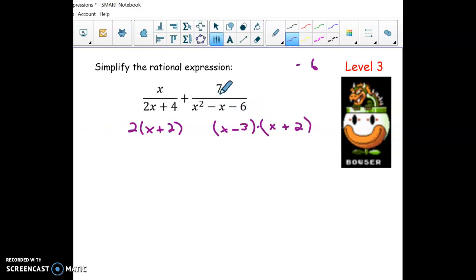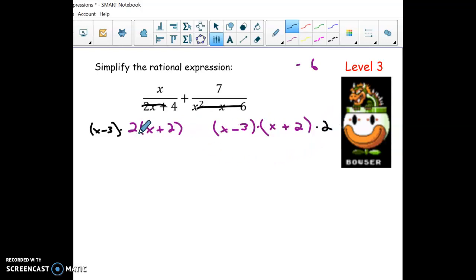All of that was to figure out what we are missing. If we look at the denominator on the left, now that it's factored, this fraction is just missing the x minus 3. It's got a 2, and it's already got the x plus 2. Similarly over here, this one is only missing a 2, and then it would match.